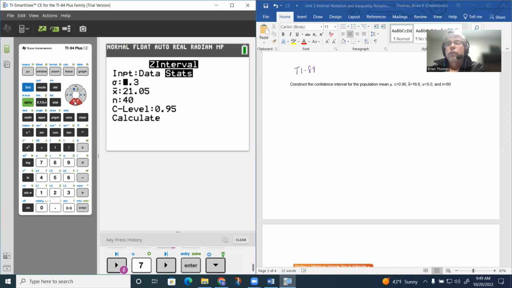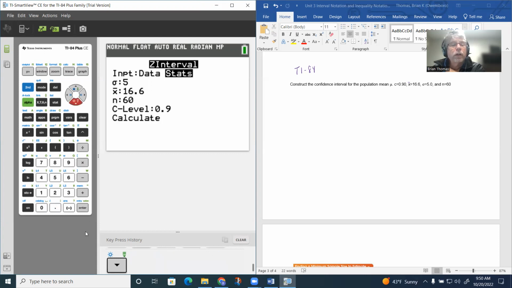So again, our standard deviation is 5.0, or just 5. The mean given was 16.6. The sample size was 60. And the confidence level this time was 90%, so 0.90.